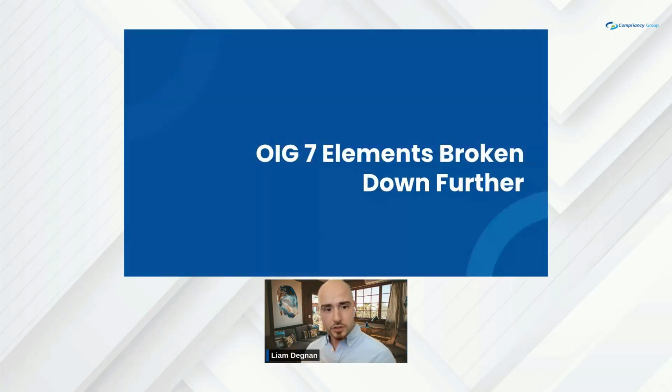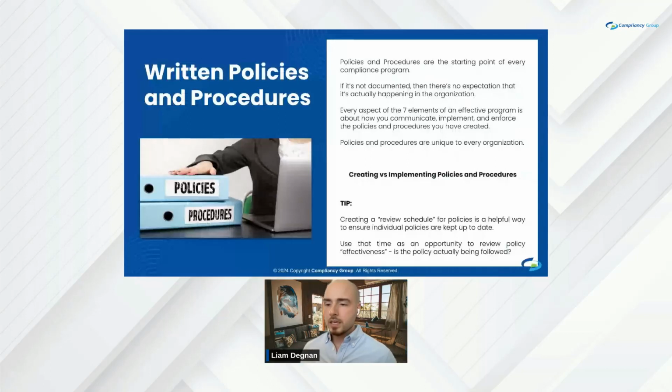As far as each specific component of the 7 elements, how you should be thinking about this, how this is going to impact your company, and some tips and tricks as we go through. Similar to what I said before, when you think about compliance, it's impossible to comply with something that doesn't exist, right?